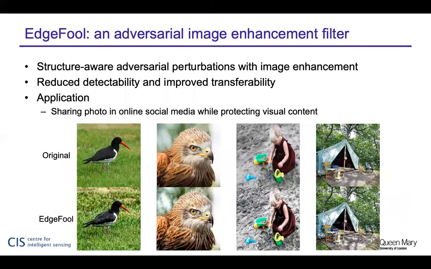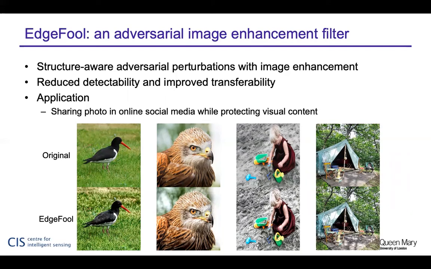So in this work, we propose employing an image enhancement filter to generate adversarial images with the objective of reducing detectability, reducing noticeability, and improving the transferability. We achieved these three challenging objectives with a structure-aware adversarial perturbation that enhances the image details or edges, as you can see in these four examples.